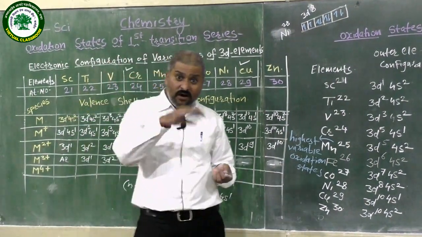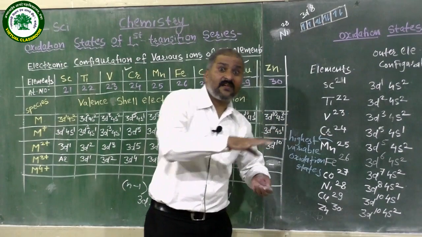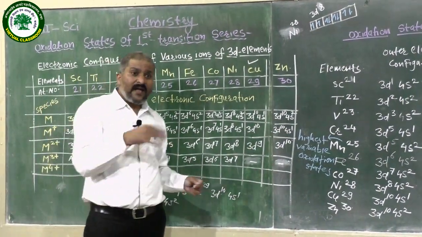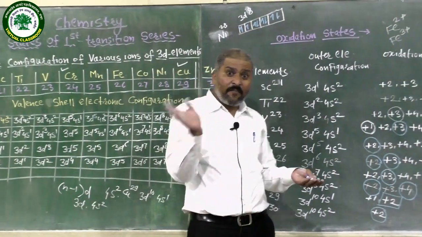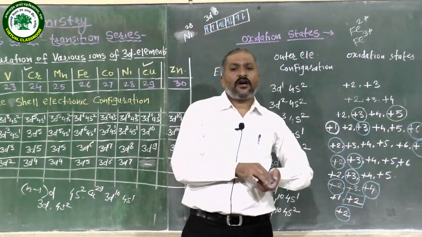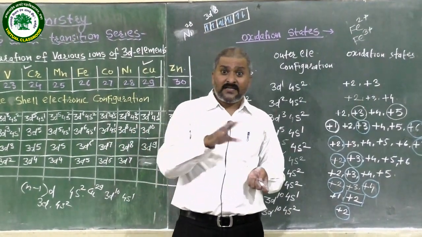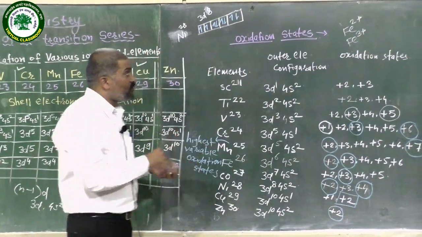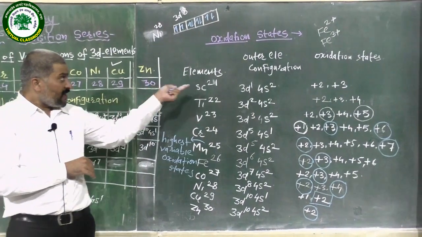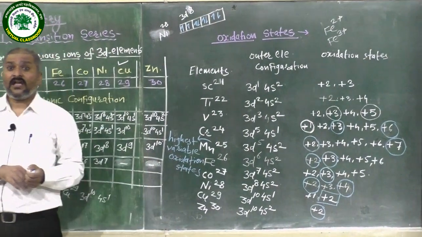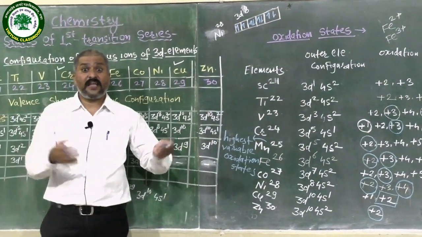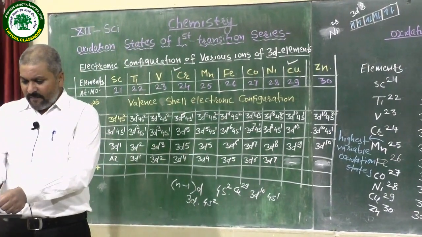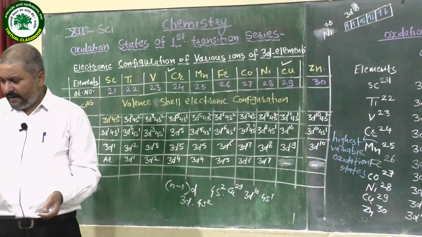First electrons from the 4s subshell take part in the bonding, and after that electrons from the n minus 1 or 3d subshell. Means electrons from both the 4s and 3d orbitals take part in the bonding, and because of that these transition metal elements show variable oxidation states, up to the highest oxidation state.